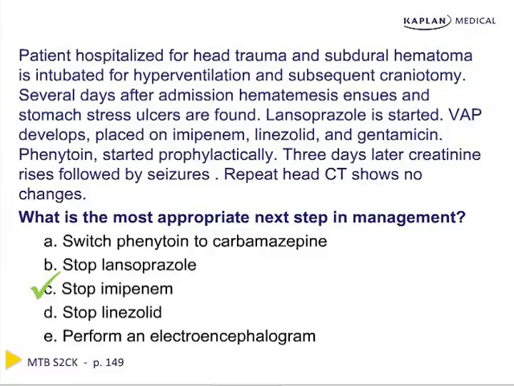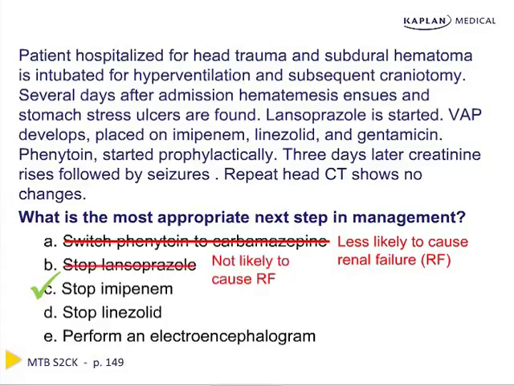The reason is that imipenem can cause seizures. It's secreted through the kidneys, and the renal failure has caused a rise in imipenem levels in this patient, leading to toxicity. This is much more likely than a failure of the patient's phenytoin. The first answer is wrong because carbamazepine is really no more effective than phenytoin at stopping seizures, and less likely to cause renal failure.